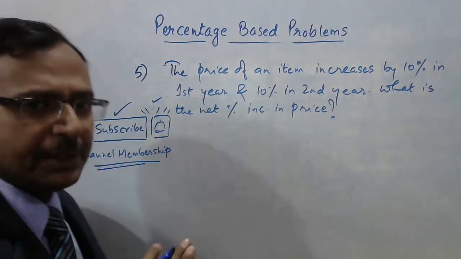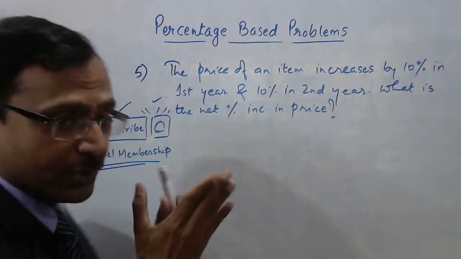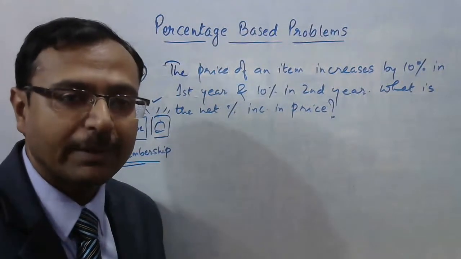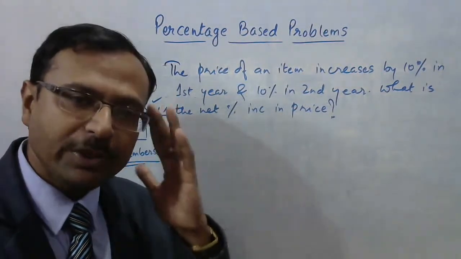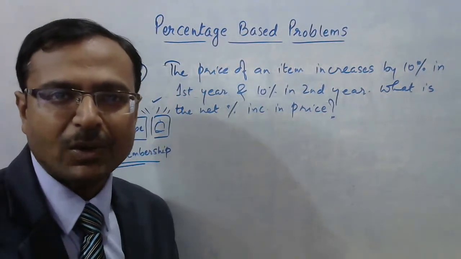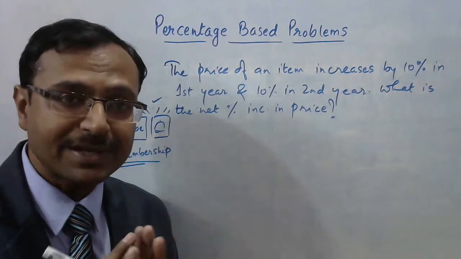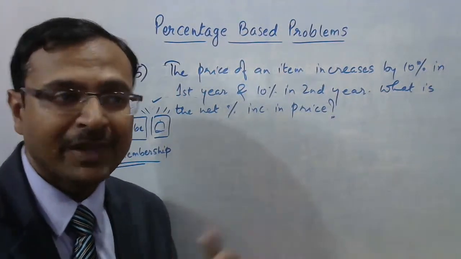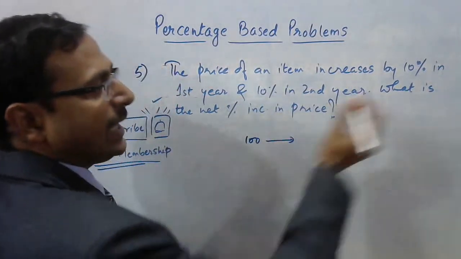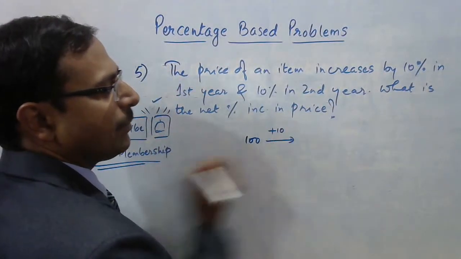Whenever you are given such a question, when the price increases by a particular amount and then increases by another particular amount, always assume in your mind that 100 is the initial cost, because 100 is the easiest number whose percentage can be found orally. So 100 with a 10% increase, means plus 10.